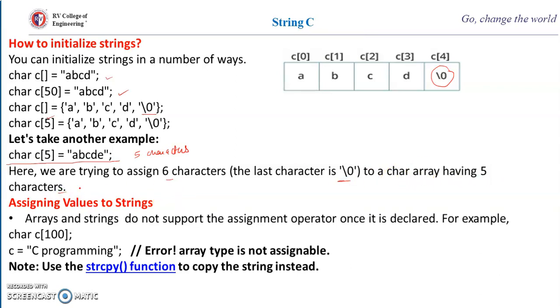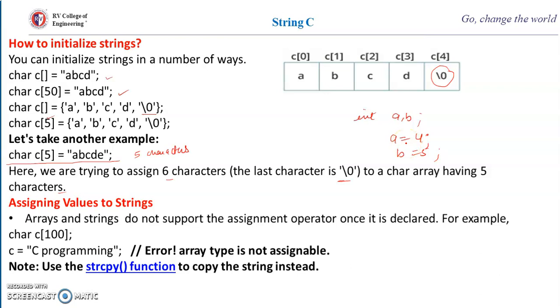Okay, so how to assign a value to a string? If it's a simple variable, say int a, b, then directly we can write a is equal to 4, which means the value 4 is assigned to a, and b is equal to 5, so value 5 is assigned to b.